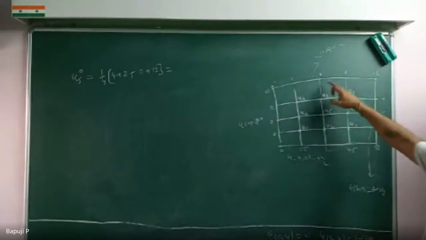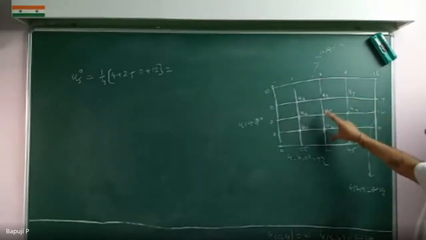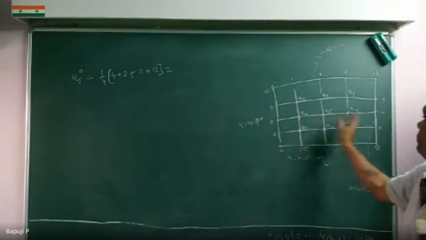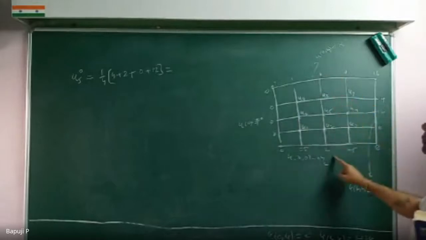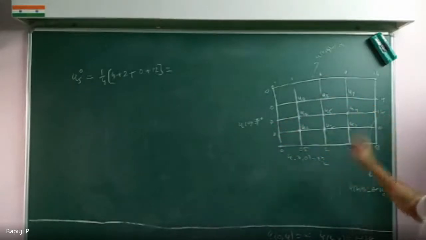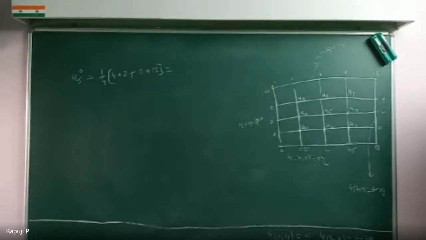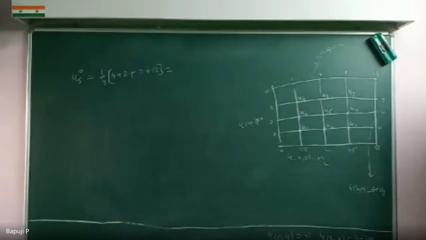Same height, h is equal to 2, k is equal to 2. 4 plus 2, 0 plus 12. Any problem? Understood, sir. So 4 plus 2 plus 0 plus 12. What is the value? 4.5.